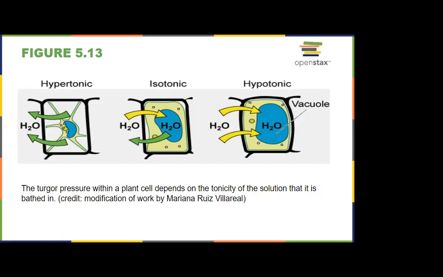So we have the same three conditions: hypertonic, isotonic, hypotonic. If you're in a hypertonic situation, again, you're dehydrating essentially by removing water. Water goes from high to low. What remains intact? Cell wall. So you see the cell membrane starting to plasmolyse.